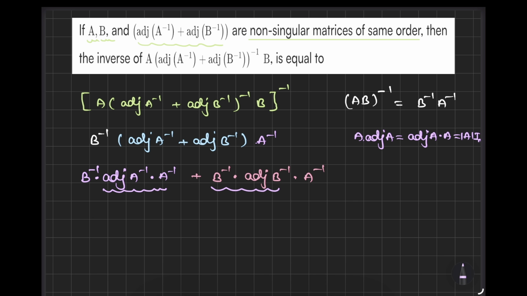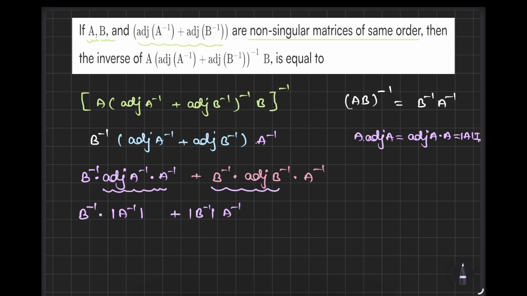So can I write here A is behaving as A inverse, and here A is behaving as B inverse? So can I write B inverse, and then determinant of A inverse I n, which will not affect anything because a number multiplied with a matrix will become a matrix. Here also we apply the same property, so determinant of B inverse times A inverse.